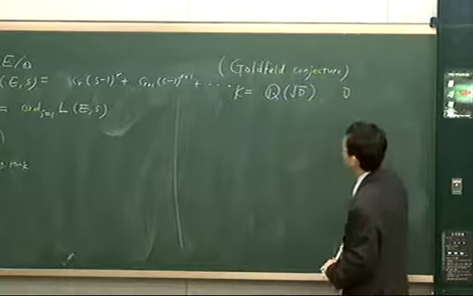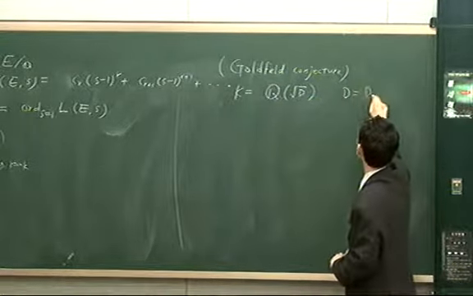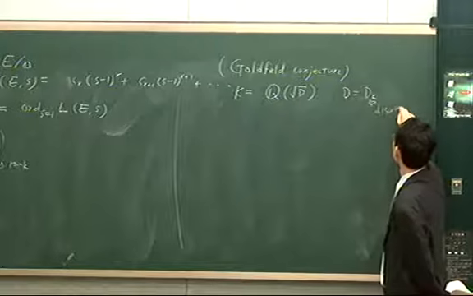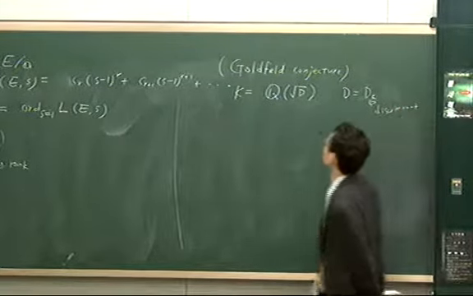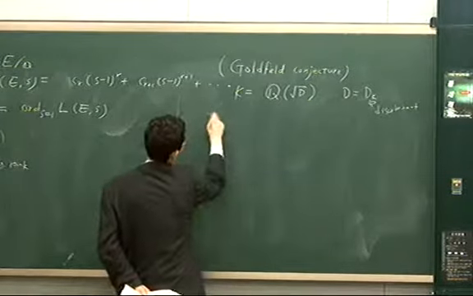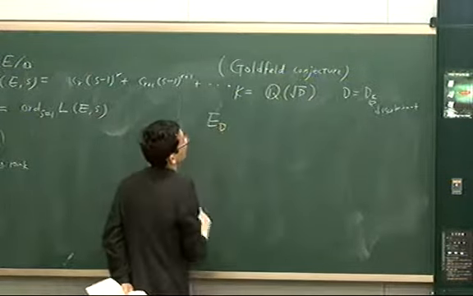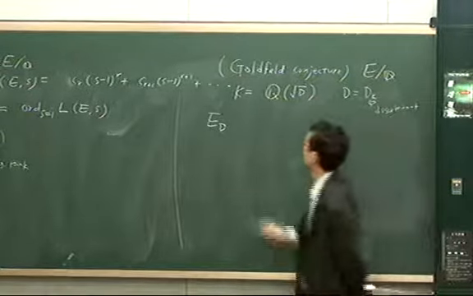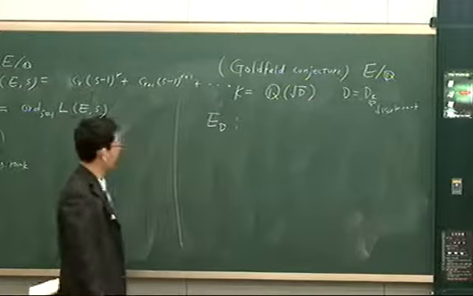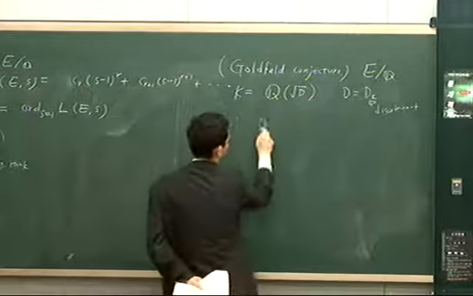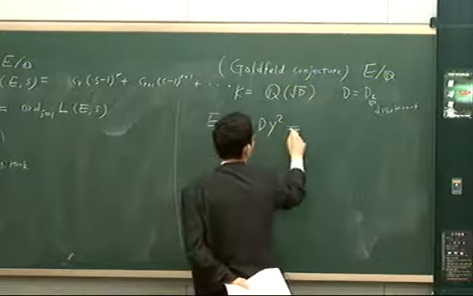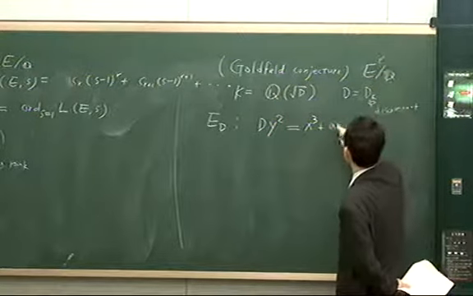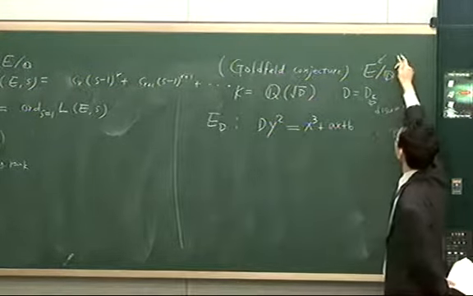Here we take D as the discriminant of the quadratic field. And we denote another elliptic curve. Here, the elliptic curve E is defined over Q. And E_D is another elliptic curve defined over Q, which is defined by the following equation: d y squared equals x cubed plus a x plus b. And E also has an equation.